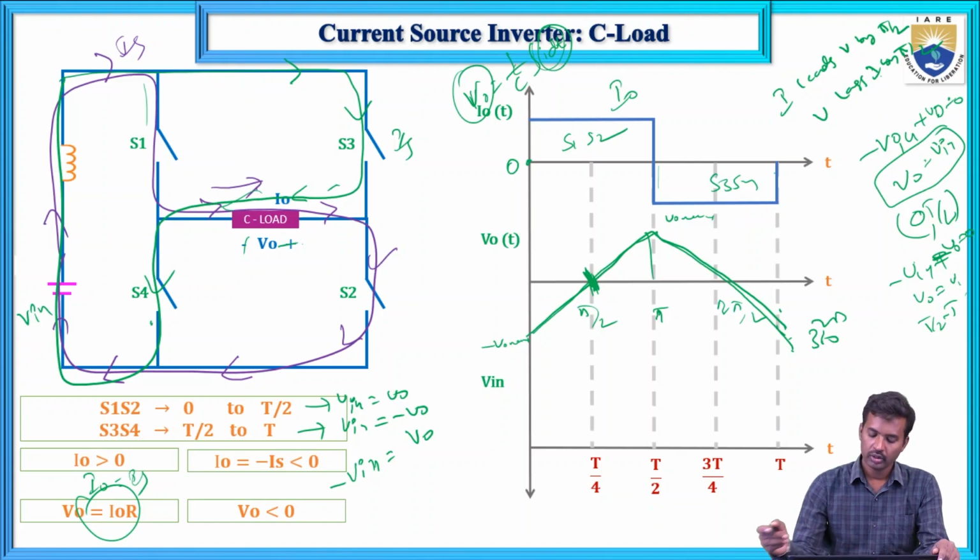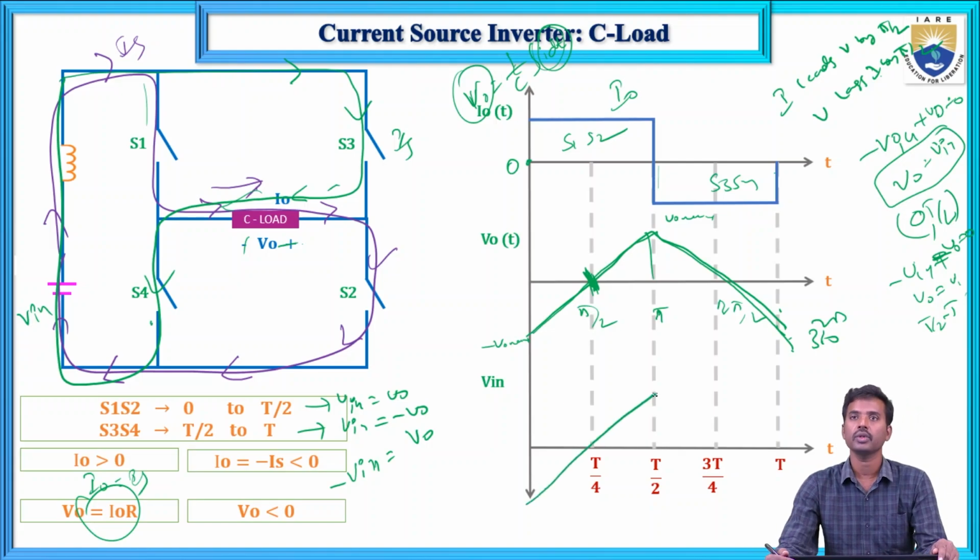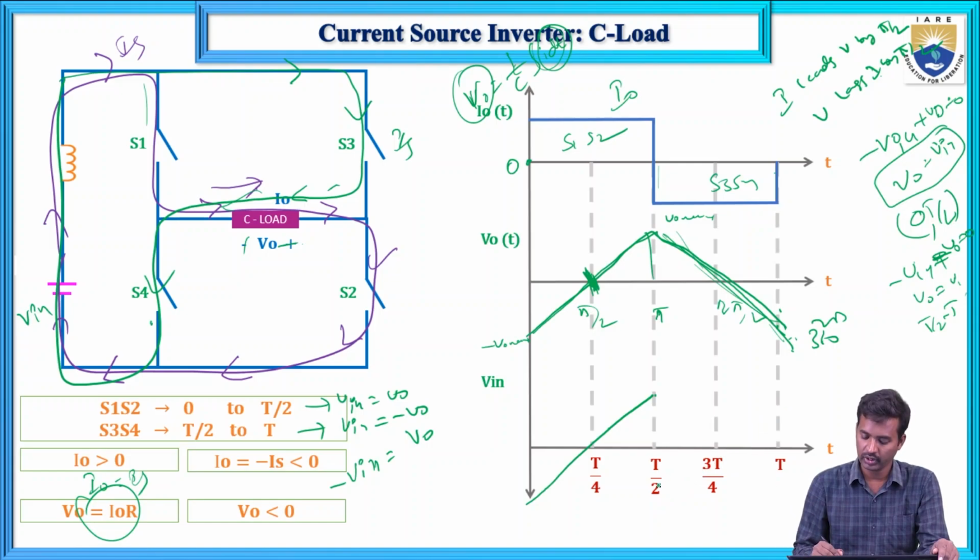So this is the positive, same V naught, V in equals V naught, same as it is here. But here it is different. The waveform is different, and this one is opposite to this one. Your output waveform looks like the input waveform.